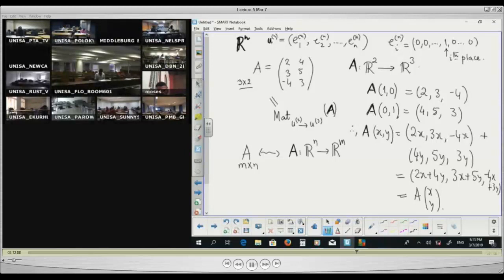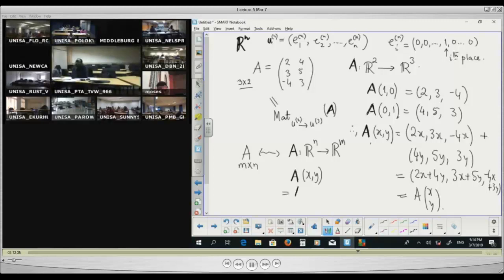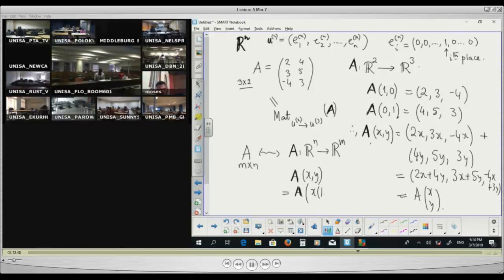This bold A of x, y. You told me this bold A is linear, so it should be x times bold A of 1, 0 plus y times bold A of 0, 1. That's what I wrote.